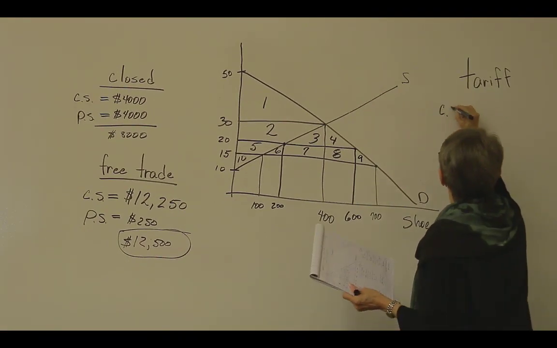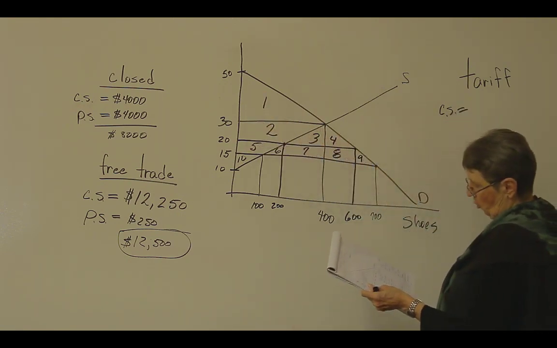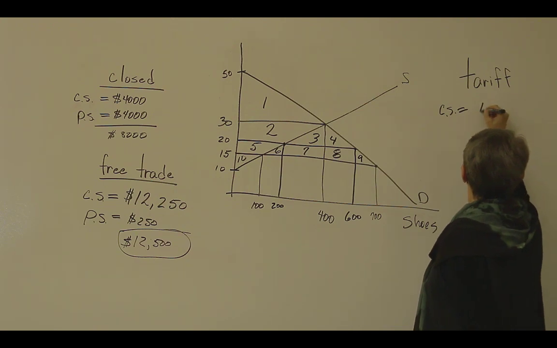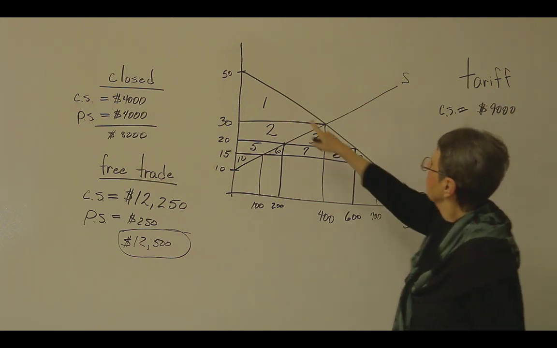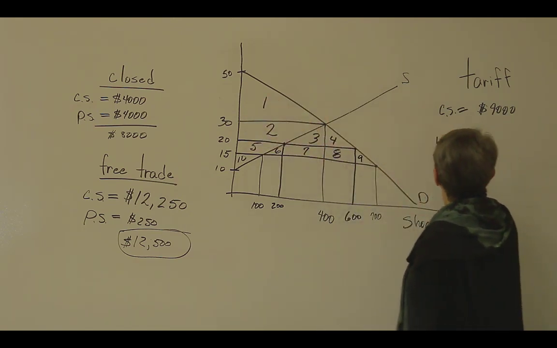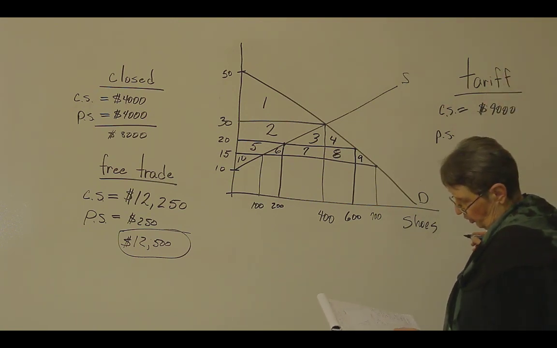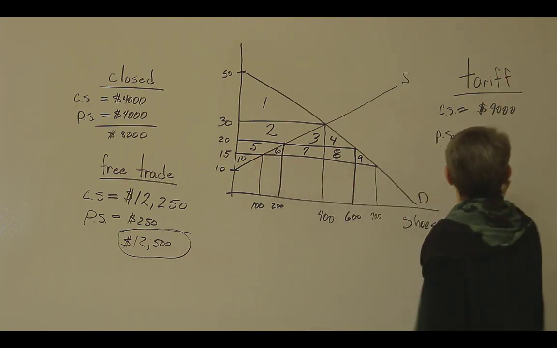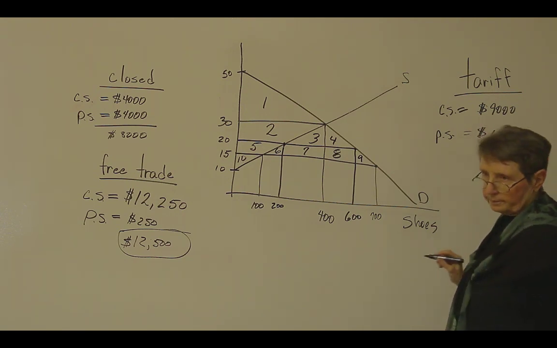So consumer surplus is going to be areas 1, 2, 3, and 4, and it's $9,000. One half base times height, $9,000. Producer surplus, when we introduced the tariff, is area 5 and 10, which is $1,000.